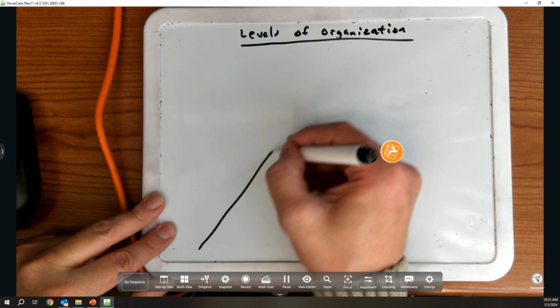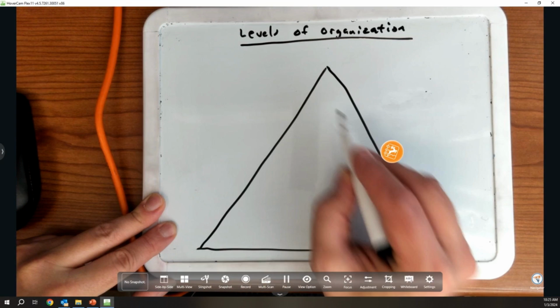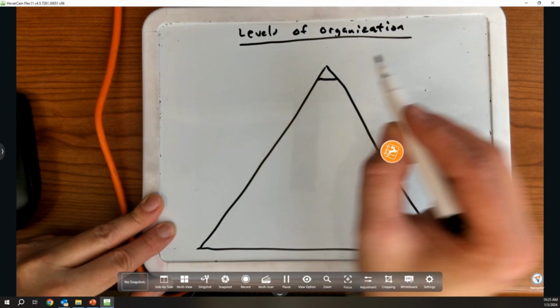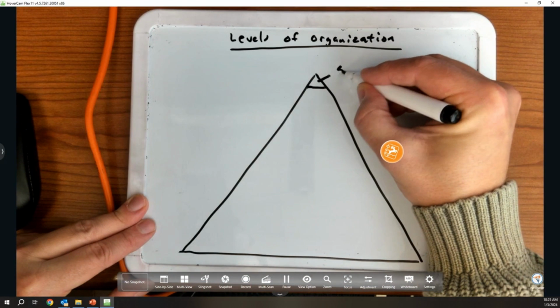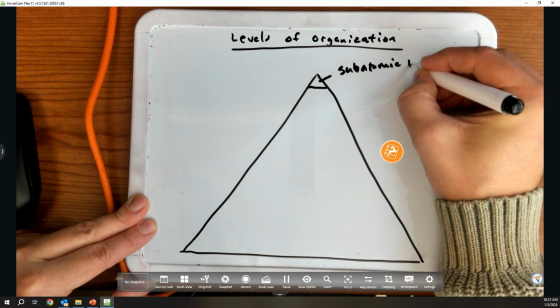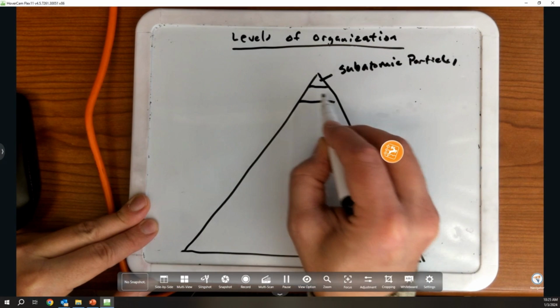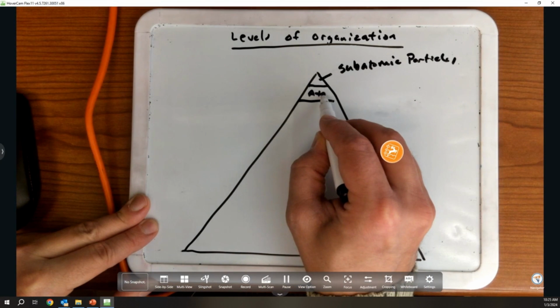And we're going to look at it like a pyramid. And we're going to start with a very small thing here. Subatomic particles. And then we're going to make atoms.